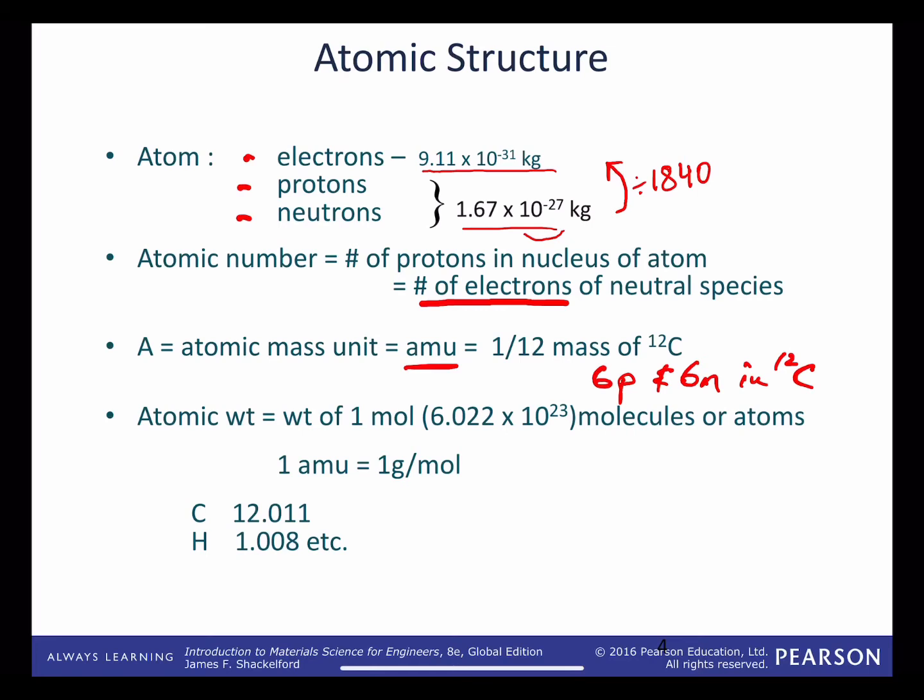Okay, another way to assign mass is to count not just single atoms and use the units of AMU, but actually use count quantities of atoms that amount to realistic mass amounts that we're used to. So, for example, if we had 6.022 times 10 to the 23 atoms of carbon-12, we would have 12 grams of sample in our hands.